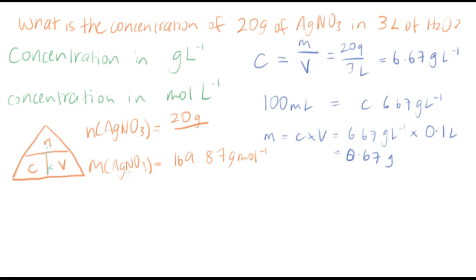So to get the number of moles of silver nitrate, we divide 20 grams by 169.87, and that's around about 1.18 by 10 to the negative 1 moles. That's how much we have from that 20 grams.